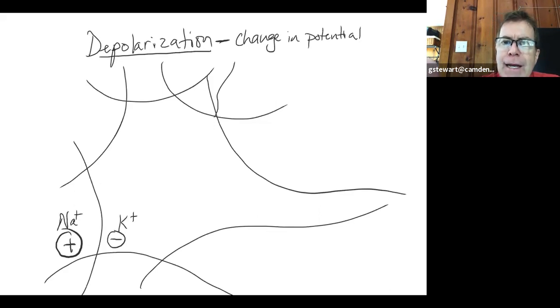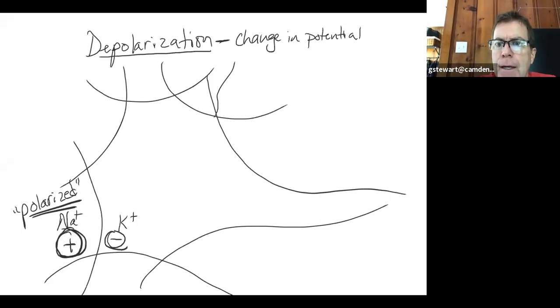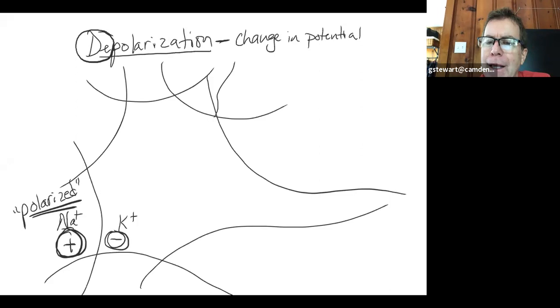What we've created here is a polarized situation at rest. So the resting membrane potential is polarized because of this, positive, negative. If we depolarize something, that means we make it less different. We make it less opposite.